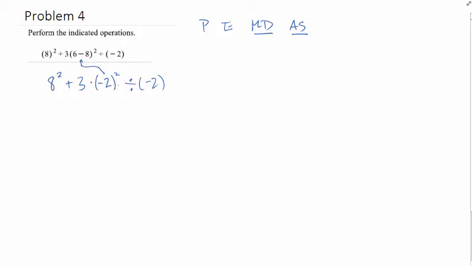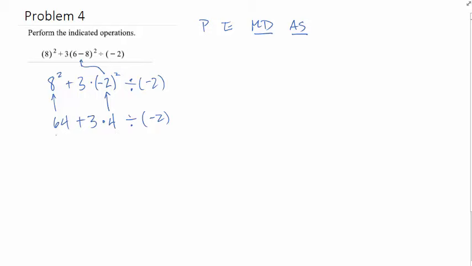There's an 8 squared, there's a negative 2 squared, so let's deal with those. 8 squared is 64, plus 3 times negative 2 squared is positive 4, and divide by negative 2. For negative 2, I want to keep the parentheses there because there's a negative sign, so I want to make sure this means the opposite of 2, not a minus 2.